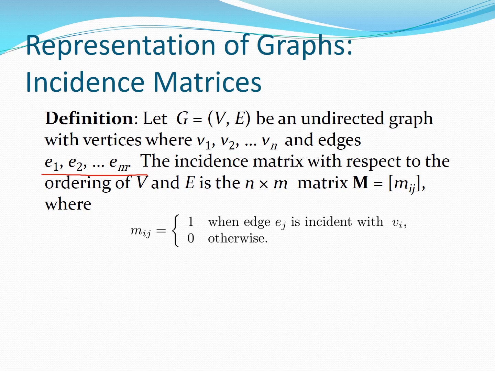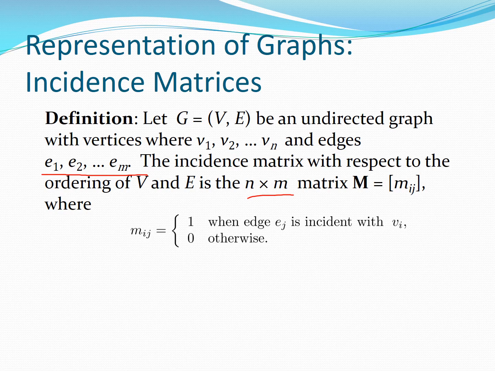Let's say you're going to name the edges E1 through EM. Then your incidence matrix is basically an n by m matrix. So if there are n vertices and m edges, then you're going to have an n by m matrix.